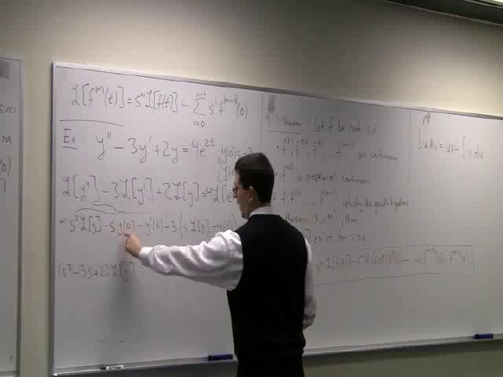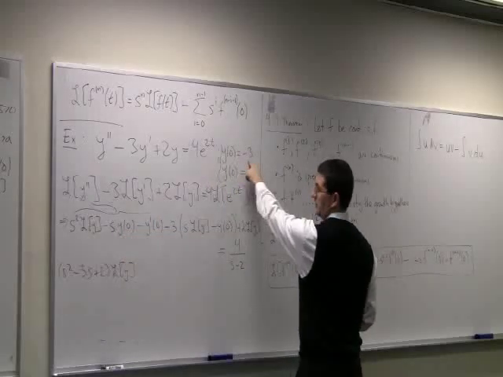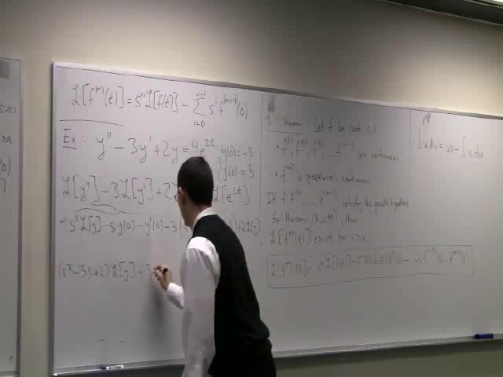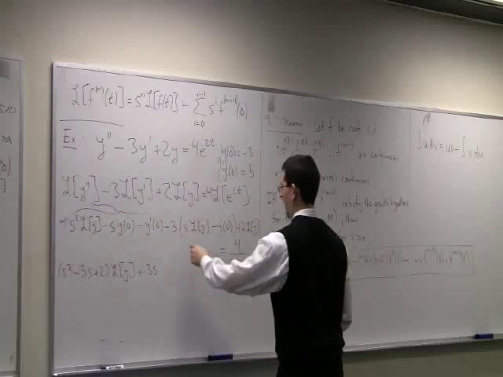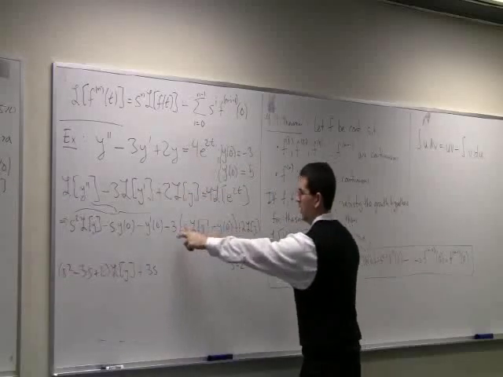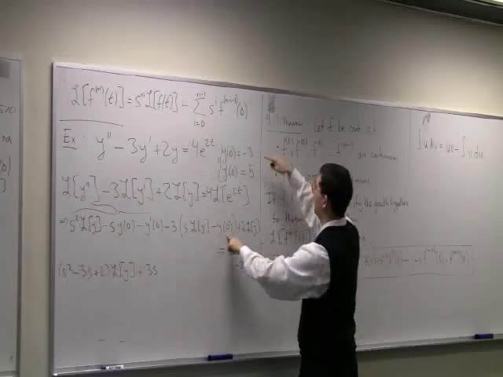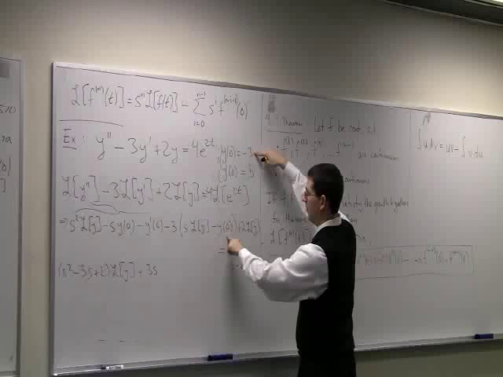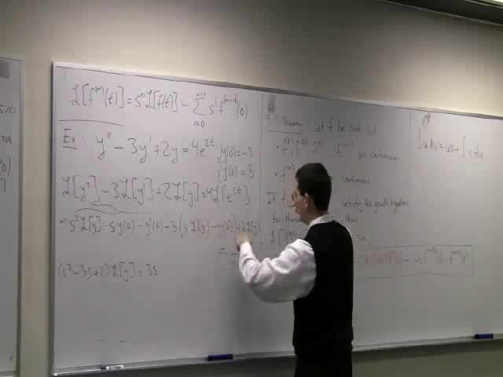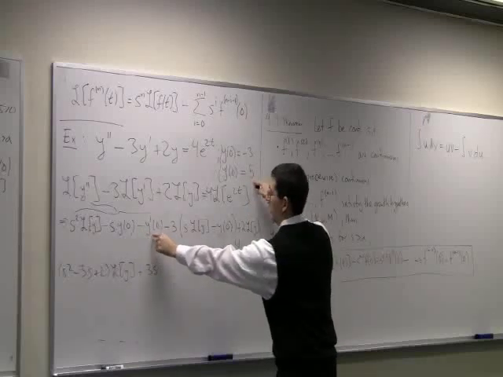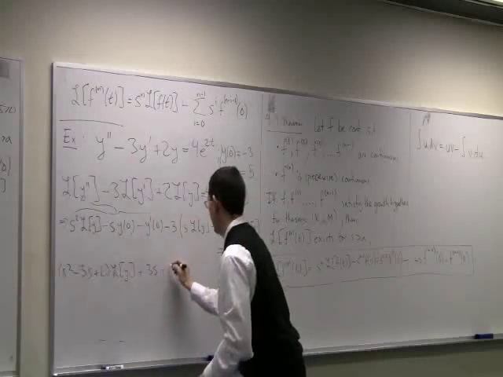Then y of 0 is minus 3, so this becomes a 3s. And then over here I get a minus, positive 3 times y of 0, so minus 9. Oh, there's no s there. I wanted one with an s, but there are no more s's. So yeah, we'll get here: minus y prime of 0 is minus 5.